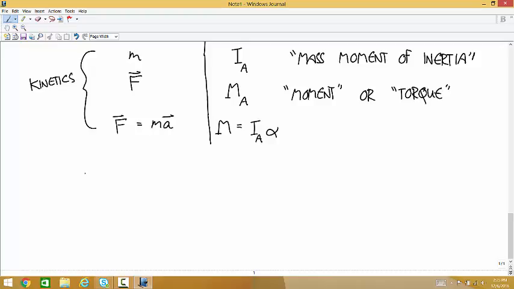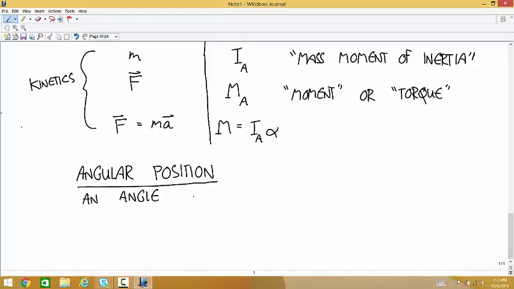Okay, so I'm going to start with angular position. So angular position is an angle that gives the object's orientation at any instant.